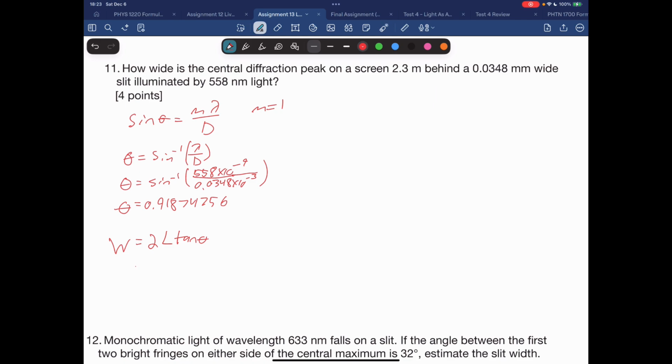And plugging in 2 times 2.3 times the tangent of 0.918747556, we get a width of 7.38 times 10 to the negative 2 meters. And that was question 11.